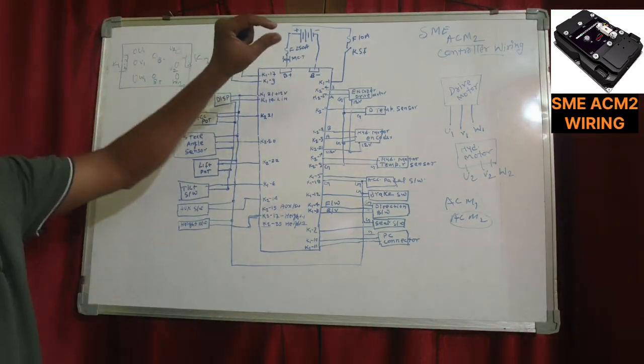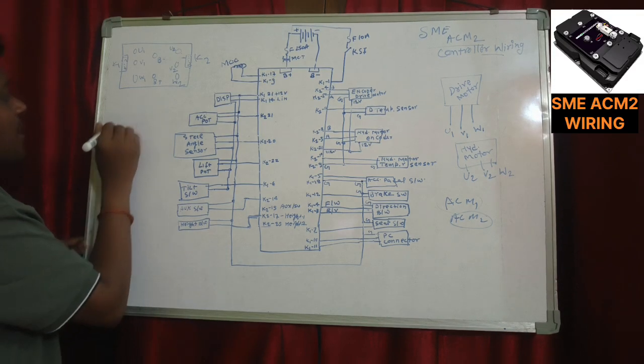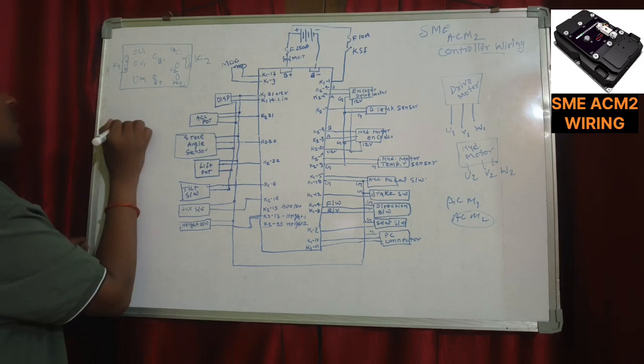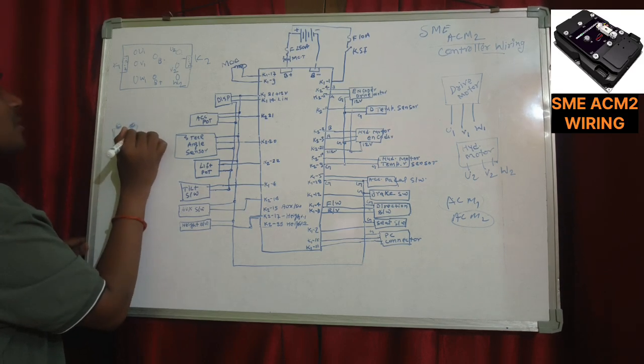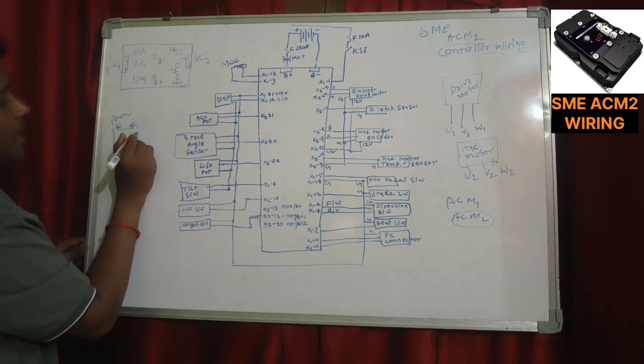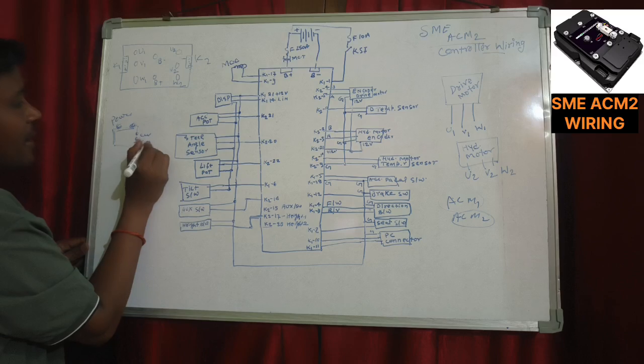The contactor has two power points and two communication points. This is the contactor: these are the power points for power wiring, and these are for coil wiring.